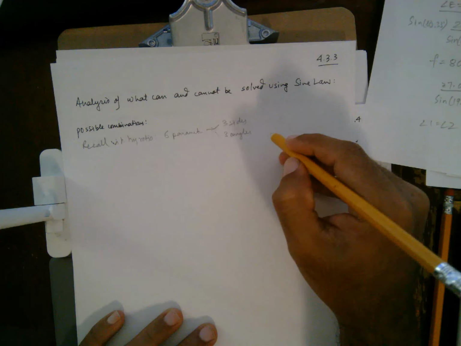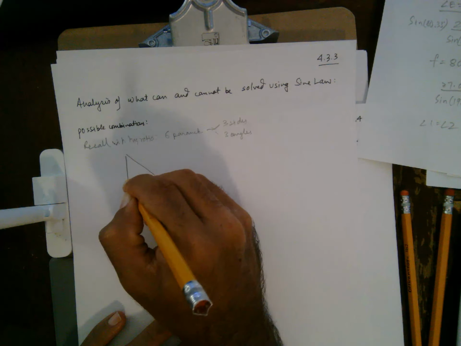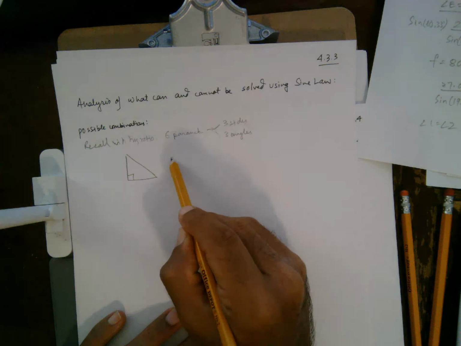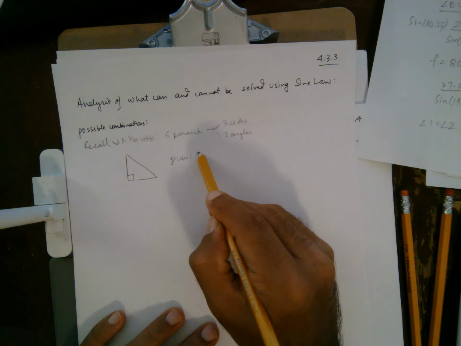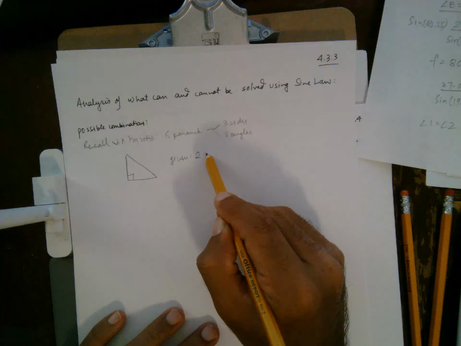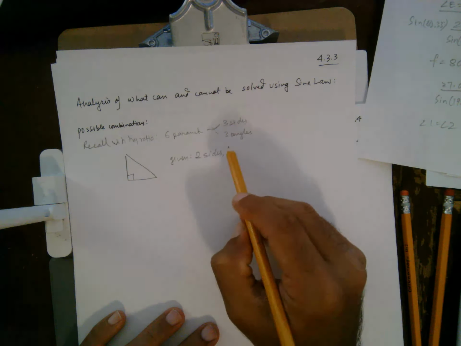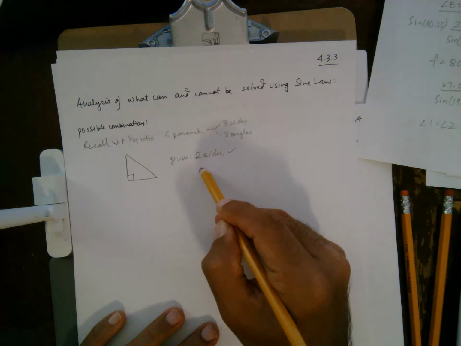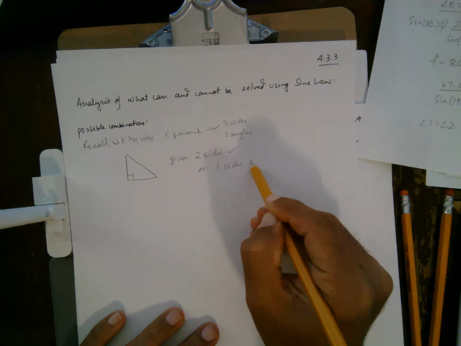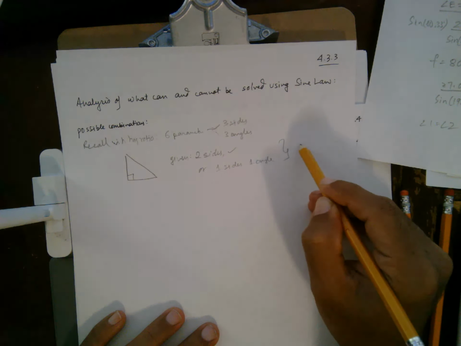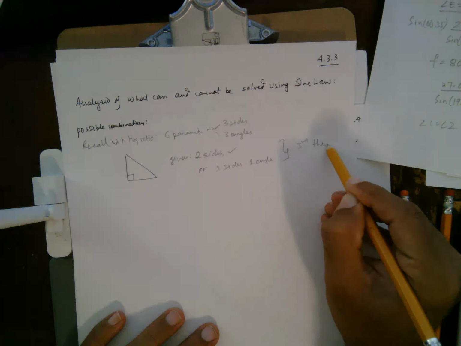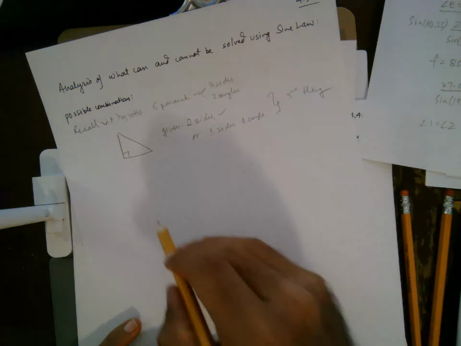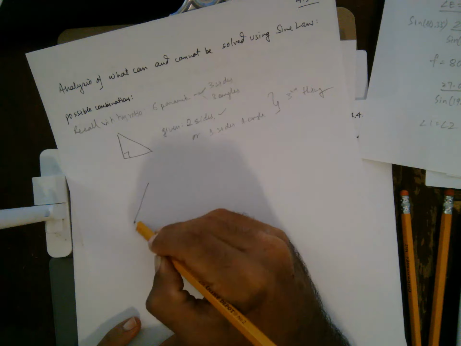So the problems that we worked with were right angle triangles, where you would be given 2 sides, or 1 side and 1 angle, and you have to find a third thing. So there were various possible combinations of what could be given to you. Now let's look at what if it's an oblique triangle.